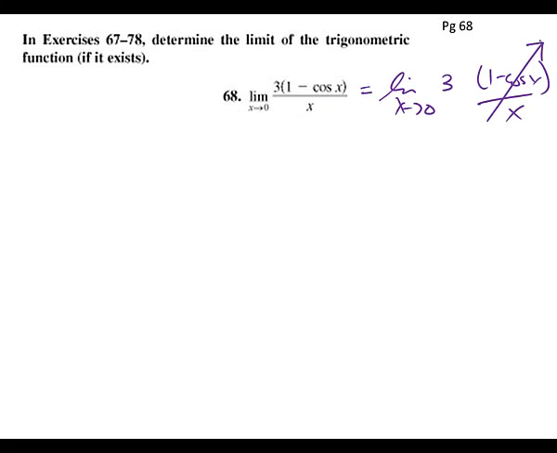What does that limit approach? 0, right? The sine approaches 1. The cosine approaches 0. So what's 3 times 0? 0. So when you see this one with the 1 minus cosine over x, even if you didn't remember it perfectly, you kind of know that the cosine goes to 0, the sine goes to 1. All right, what else?